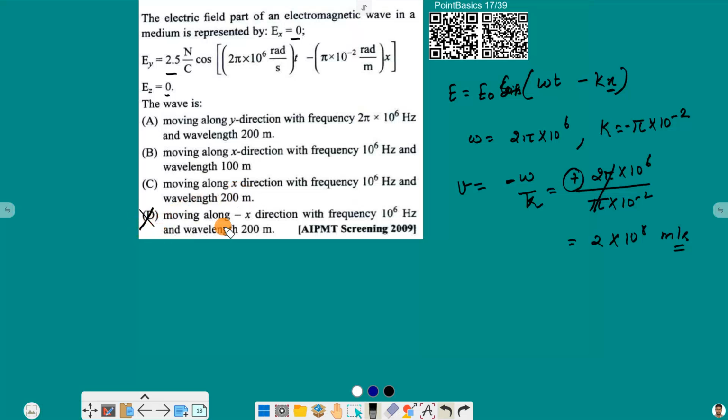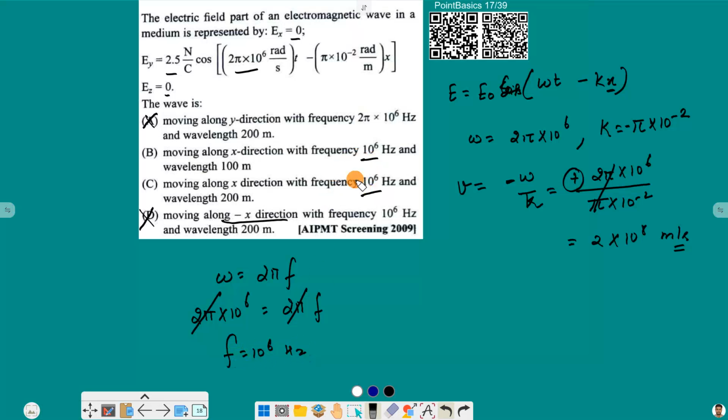So option D is cancelled because here we are moving along minus x, and option A is also cancelled. Now coming to the frequency. So frequency can be inferred from this relation, that omega is equal to 2 pi times frequency, and omega is here 2 pi into 10 raised to power 6, which should be equal to 2 pi times frequency. So 2 pi gets cancelled, and frequency is 10 raised to power 6 hertz.